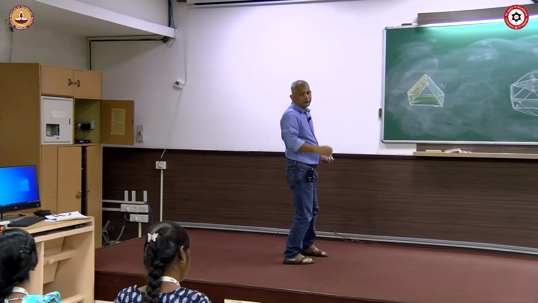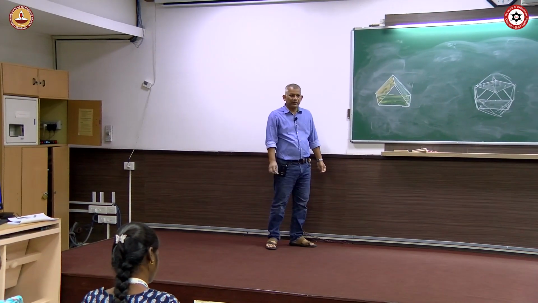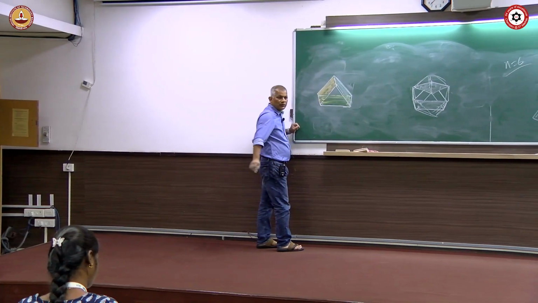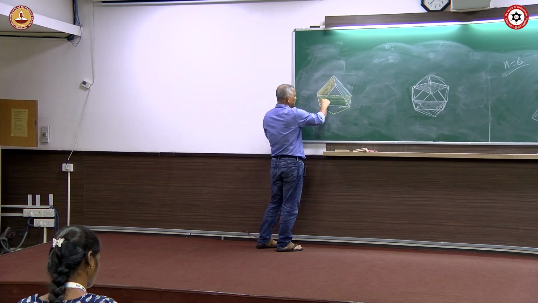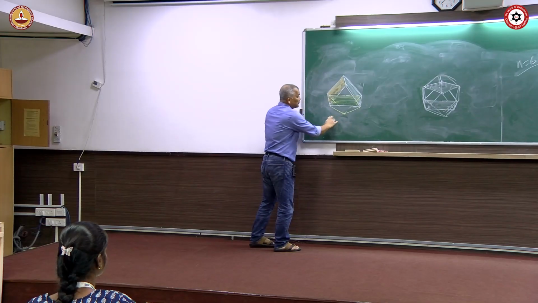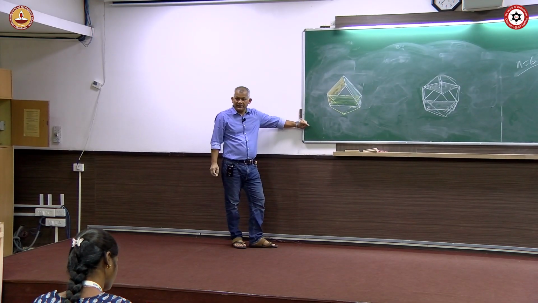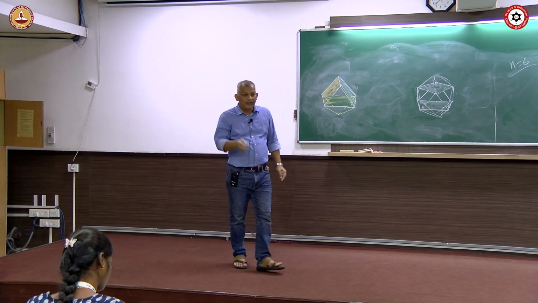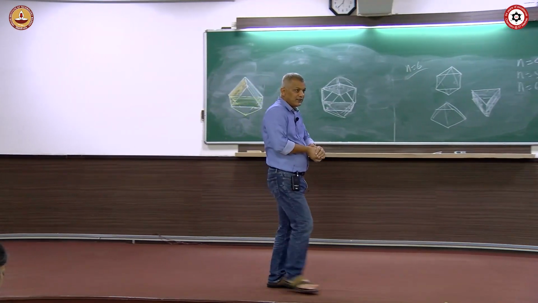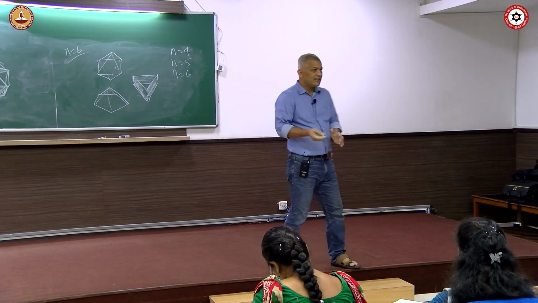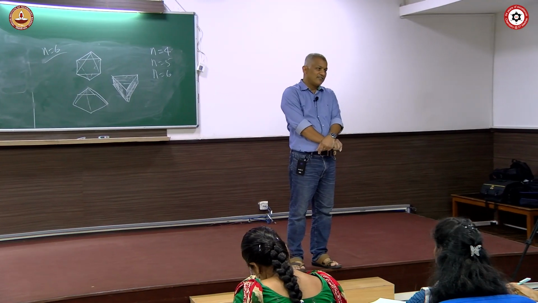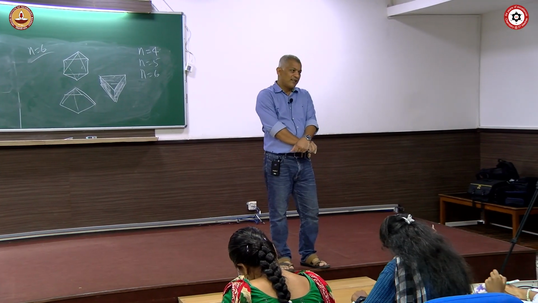So you know how to cap the square pyramid. Let's say this is a square and you cap it, so you have a monocap trigonal prism. Now if I ask you the geometry of 7 vertices, you can tell this also: monocap trigonal prism.